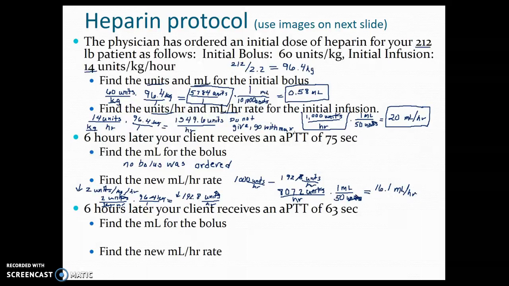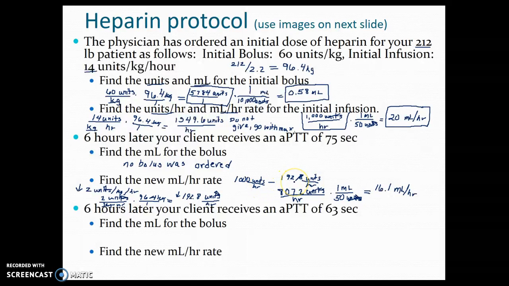In this part of the problem, we see something really important. We can only add or subtract when we have matching labels. That is why we multiplied by the weight first to get to this label of units per hour, and then we could do the subtraction because we knew that we were giving them 1,000 units per hour.